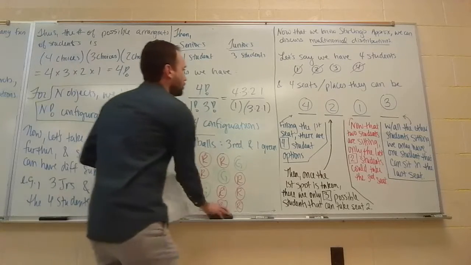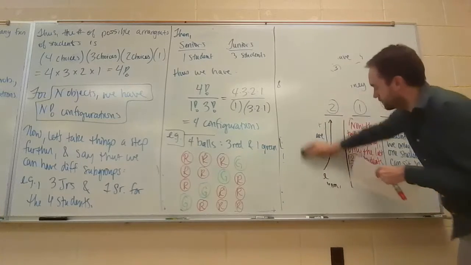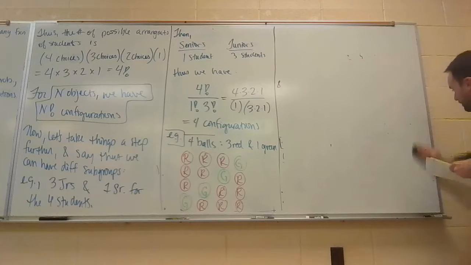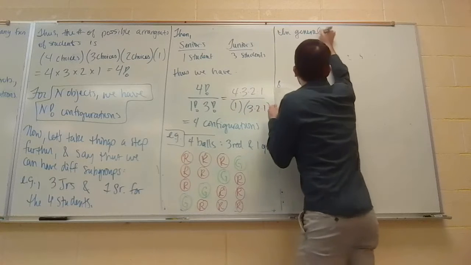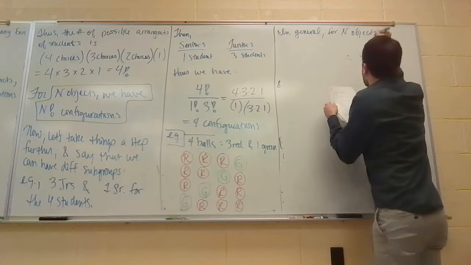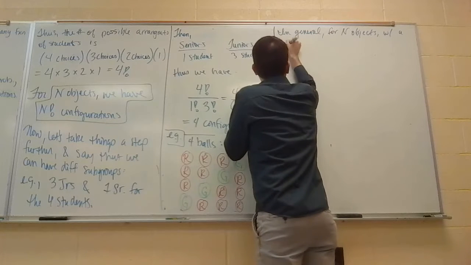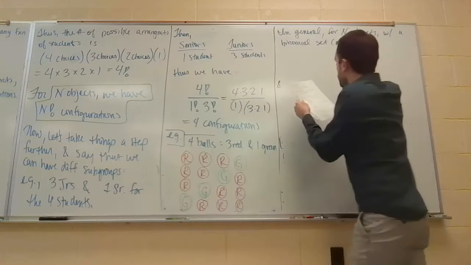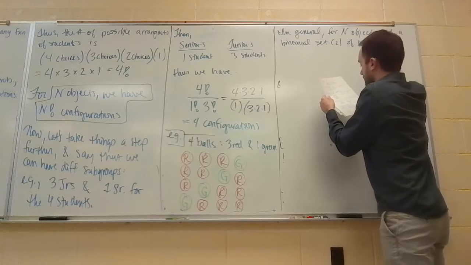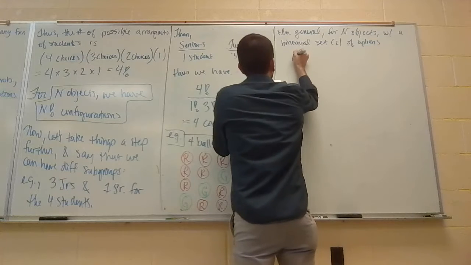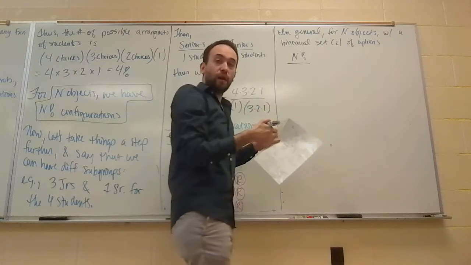All right. So in general, for n possible objects with a binomial set, that means of 2 options, then I will always have n factorial, which is my total number of particles factorial, divided by however many are arranged into each of those 2 subgroups.